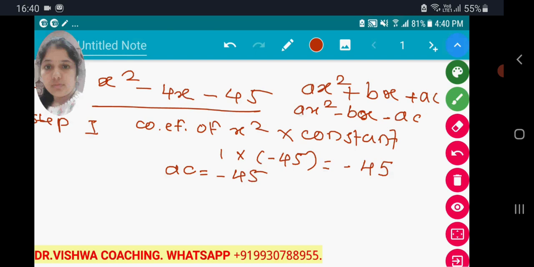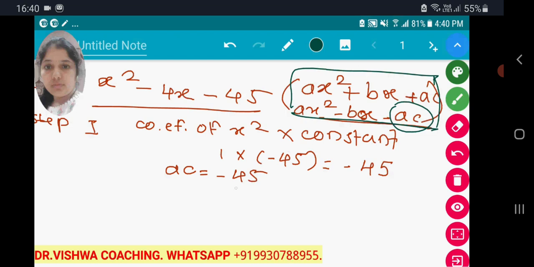Now this a is the coefficient of x square, b is the coefficient of variable x, and c is the constant term. Okay, now we got the value of this AC, which is minus 45. Now see, if this multiplication is negative, then both the factors have different signs.